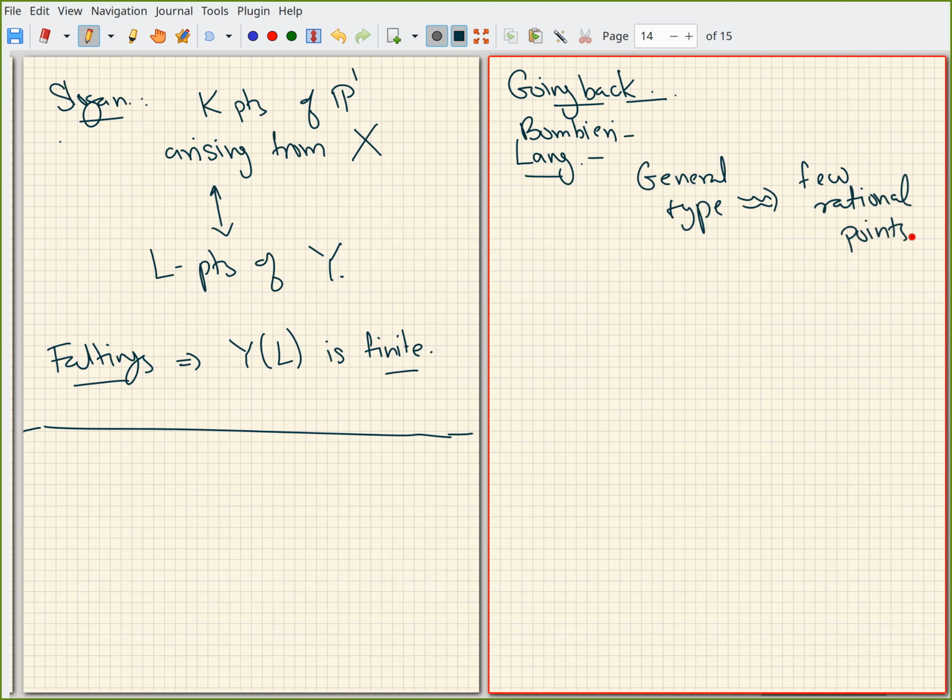Is this proved? No. No one expects that we're anywhere close to this. This is only proved in dimension 1, which is Faltings' theorem.